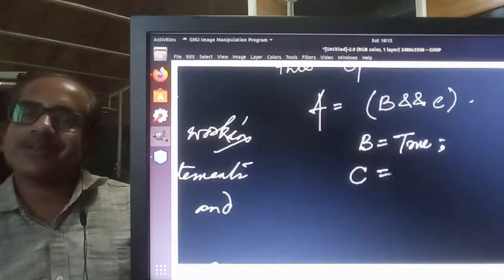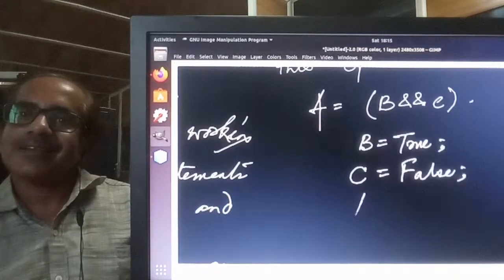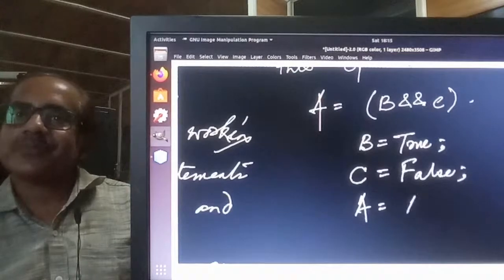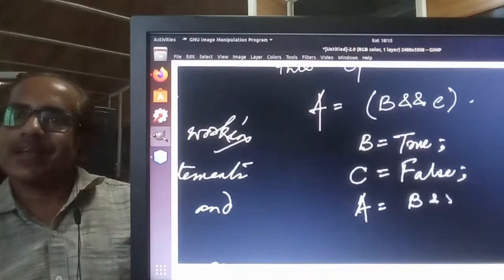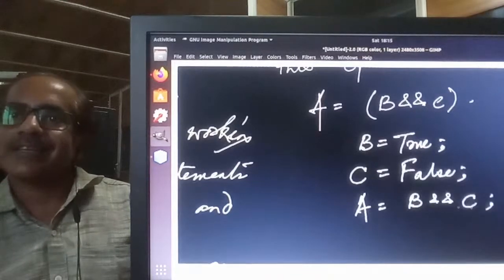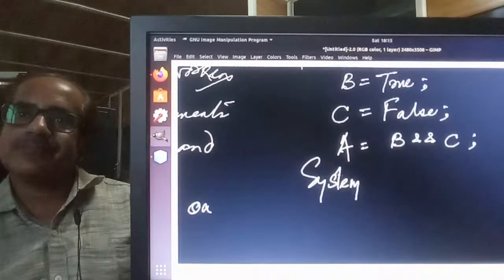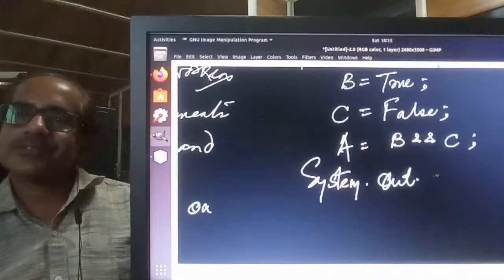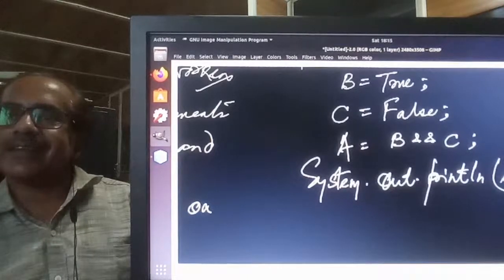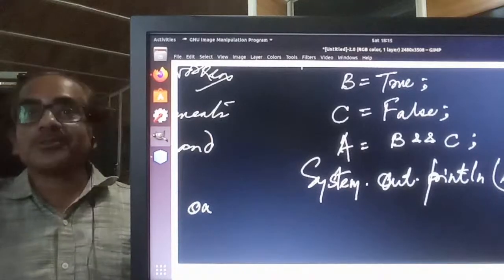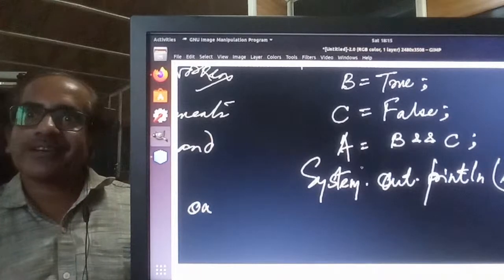C equal to false, A equal to B ampersand ampersand C. If you are writing System.out.println A, what will print? Think and tell. This is a valid program.